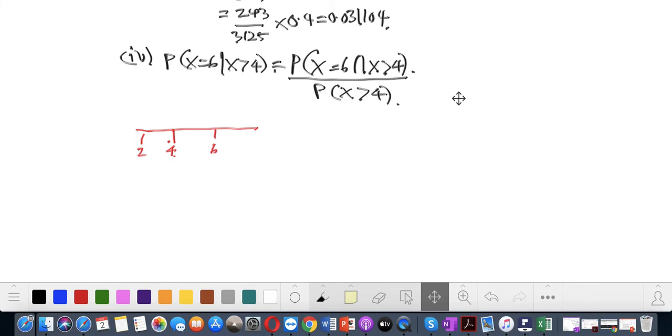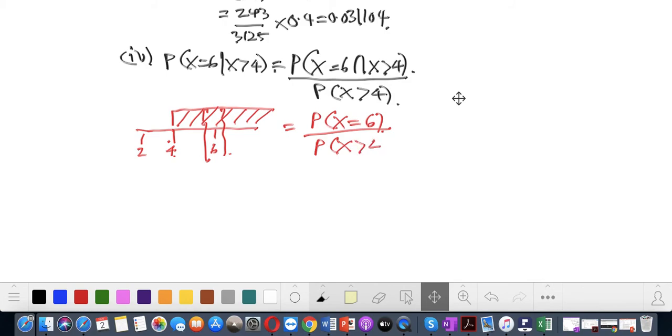So what happens when x equals 6? The value x equals 6 intersects with anything that's greater than 4. What does that give you? That gives you P(X = 6). I hope you can get the picture here. Then this is divided by the probability that x is greater than 4.